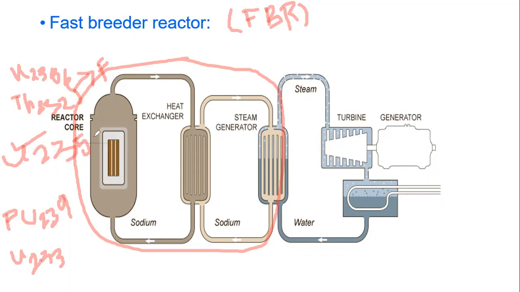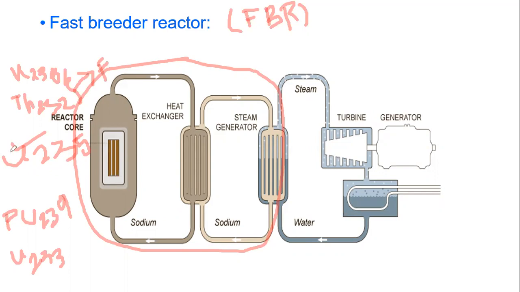Coming to the FBR, we are using uranium 235 as the fuel. After completing the chain reaction, this stable atom will be converted into two unstable atoms, plutonium 239 and uranium 233.